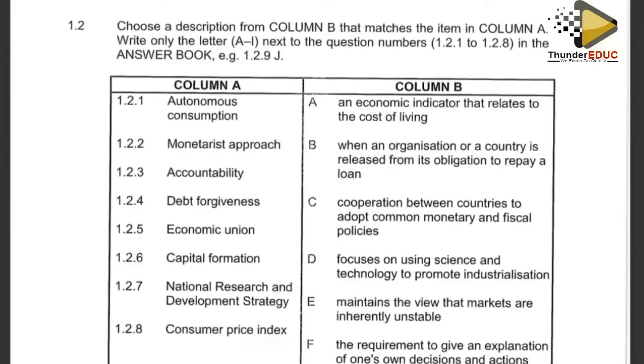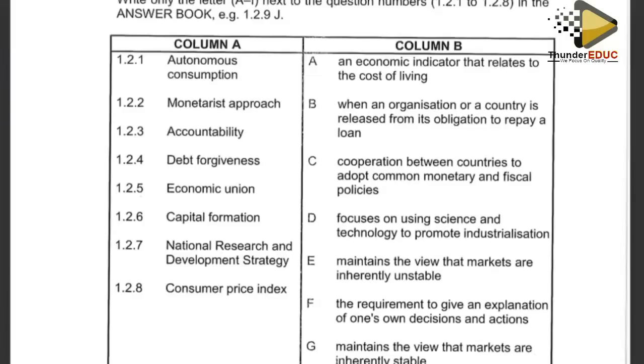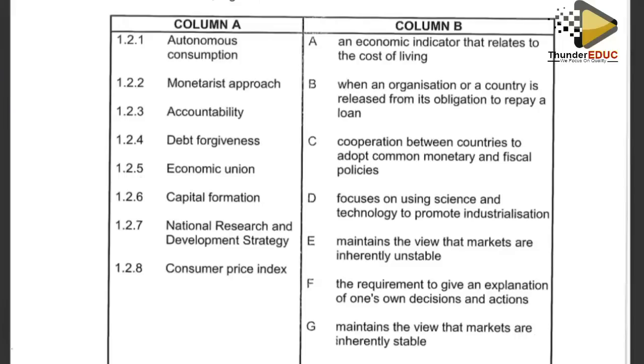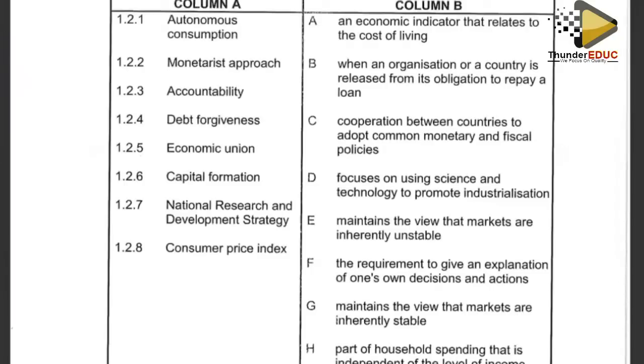So now grade 12, if you still remember, I always tell you that whenever you are answering this set of questions, make sure that you go through column A and then you create a picture of the given concepts in that column. So now after that, you can now move on to column B, where you are provided with the description, the characteristics, the features, the functions, the explanation, the definition, and the likes.